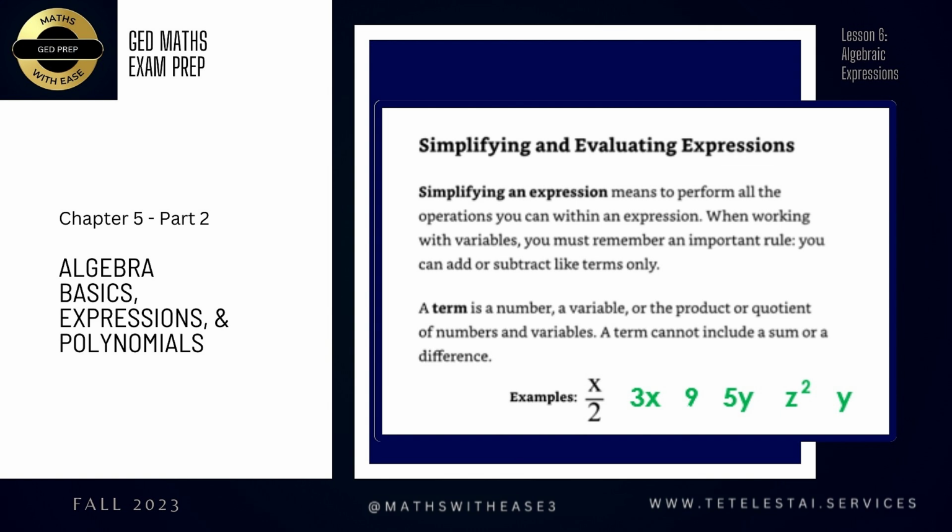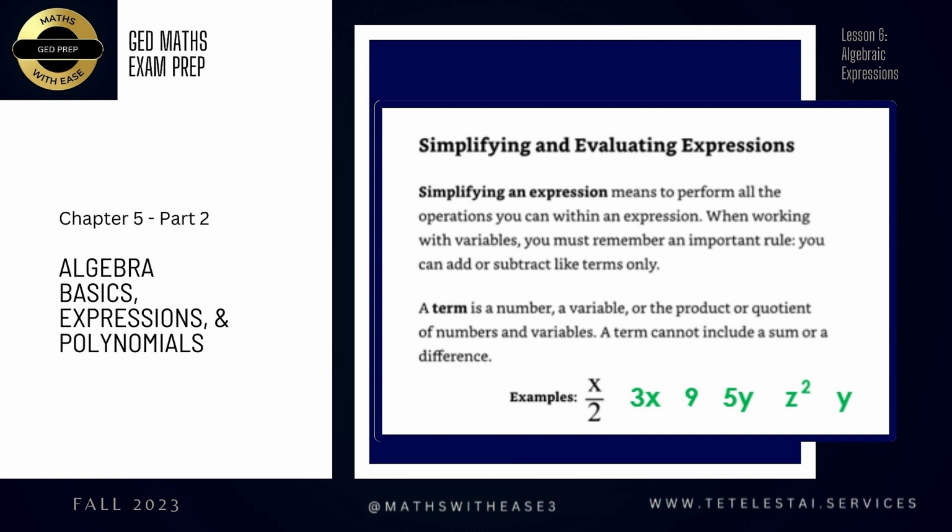X over 2, for example, represents a term, a quotient, once 2 is divided into whatever value x takes on. 3x is a product, so this 3x by itself is a term. 9 is a term because it's a number.